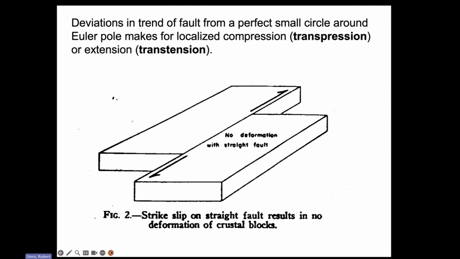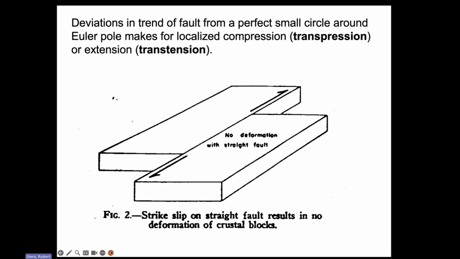So deviations in trend of the fault from a perfect circle around the Euler pole make for localized compression, which we call transpression. That's a portmanteau for transform and compression, or extension, which is transtension, right? So here we have a strike slip with a straight fault.